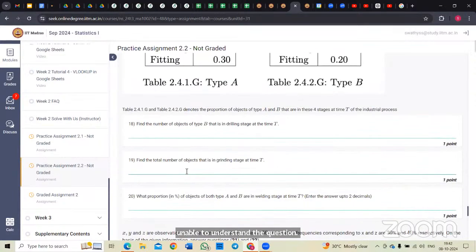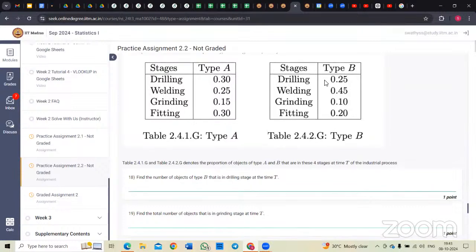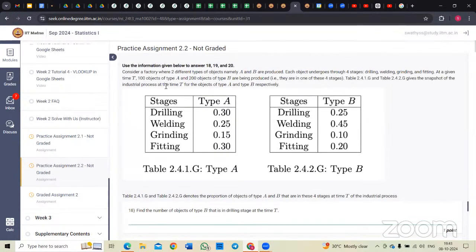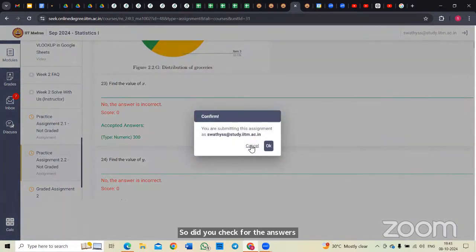Find the number of objects of type B that is in drilling stage. So did you check the answers here? The solution is given.